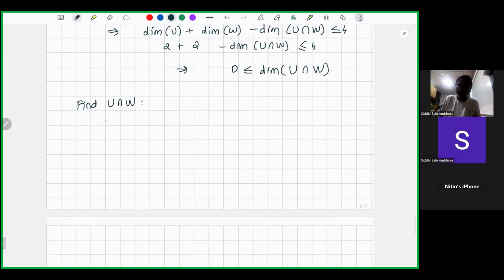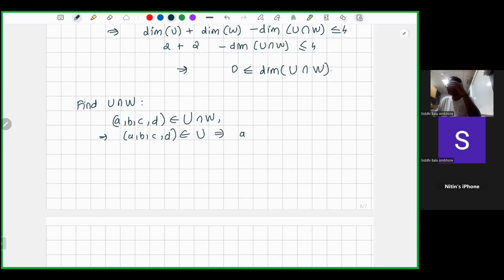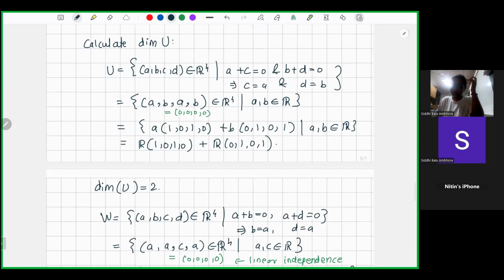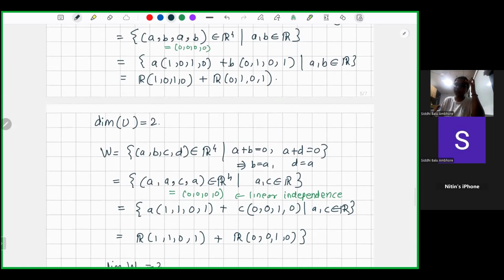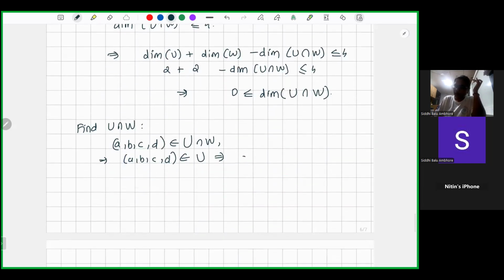If I have (a, b, c, d) in R4 in U intersection W, this implies that (a, b, c, d) is in U, and what we had earlier was that c is a and d is b.